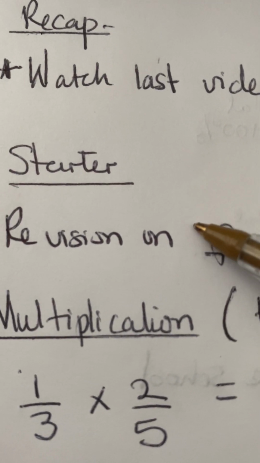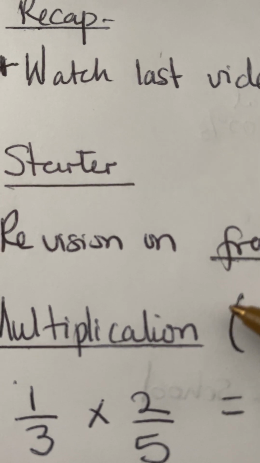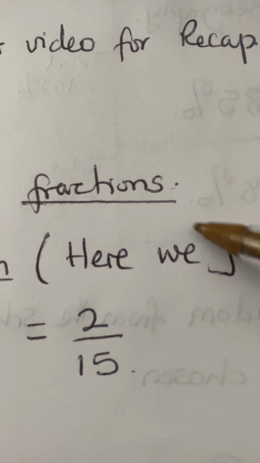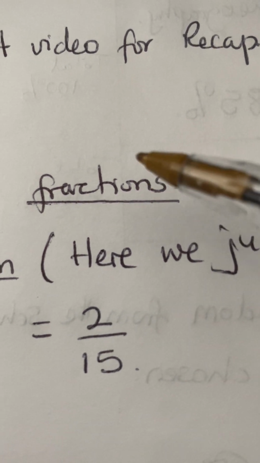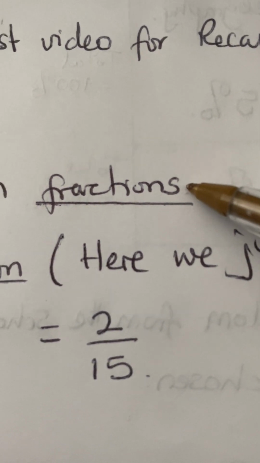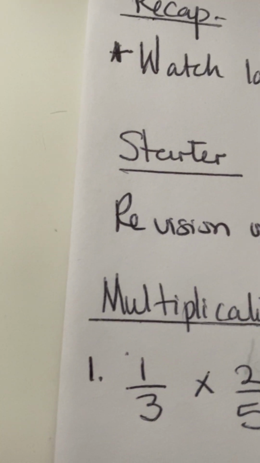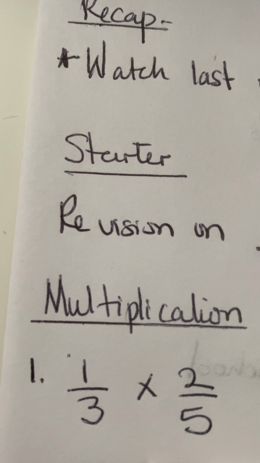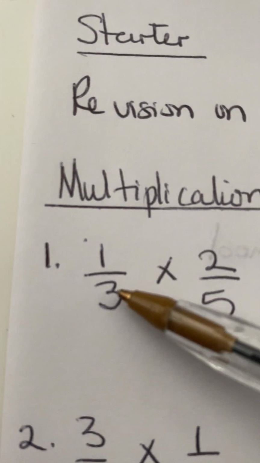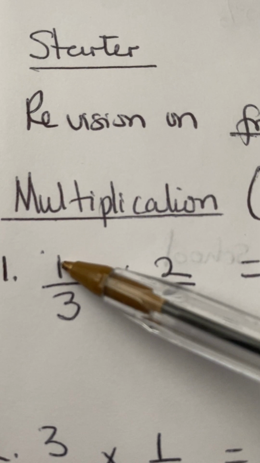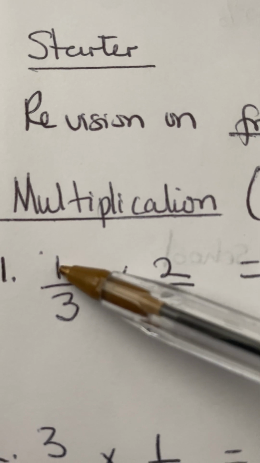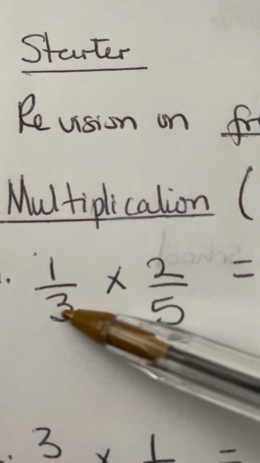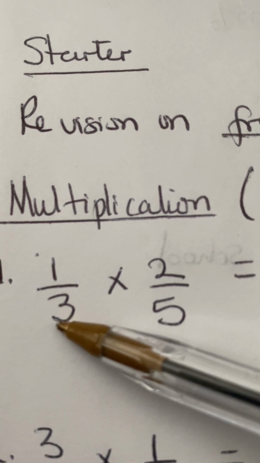Today our starter. Yesterday we looked at division of fractions for our starter. We have made videos on this, so please go back and watch. Today we are going to talk about multiplication. The top number is the numerator, and the bottom number is the denominator.